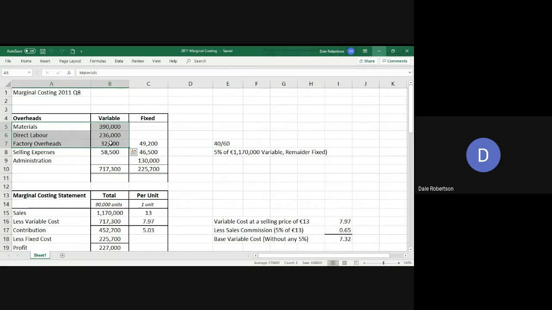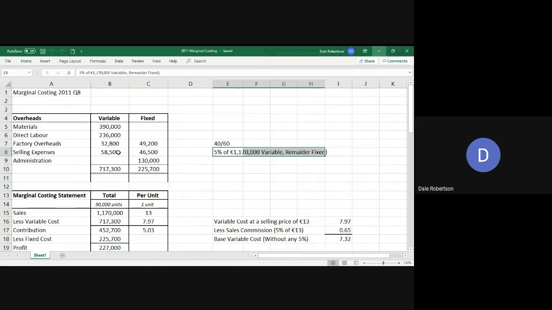It also says, apart from sales commission of 5% on sales, the selling and administration expenses are fixed. So this is the variable part here. This selling expense is 5% of the sales figure, and then the remainder is fixed.